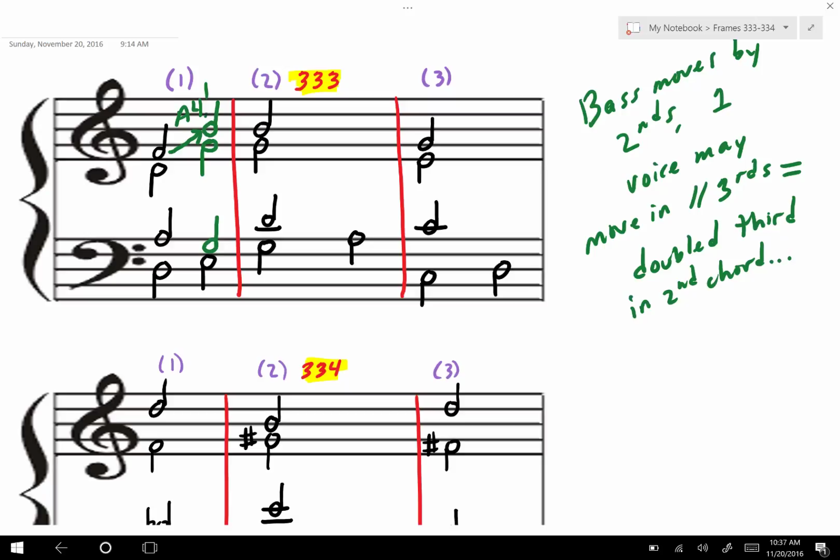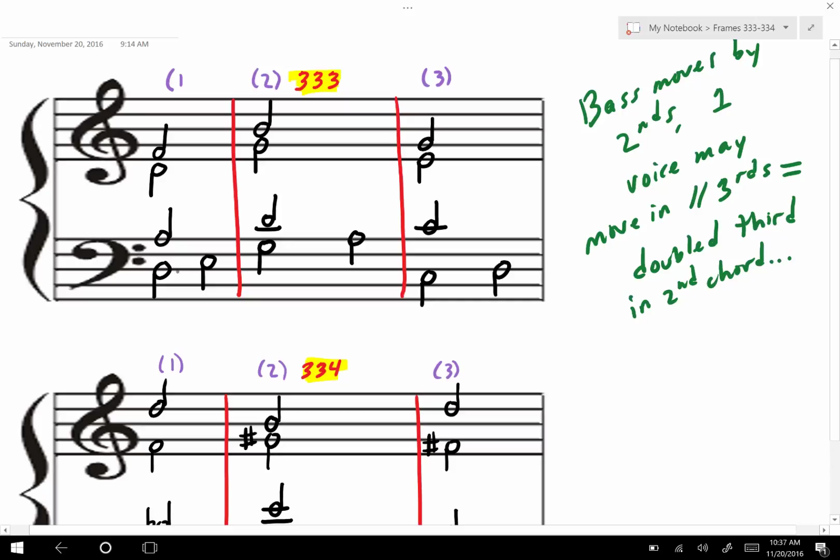Well, let's erase this and start again. Okay, what needs to happen here is the bass is moving by a second. So one voice may move in parallel thirds to that bass.